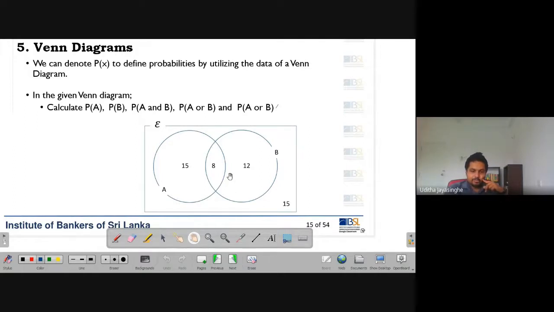What's the probability of A? P(A). Any answers? Difficult?